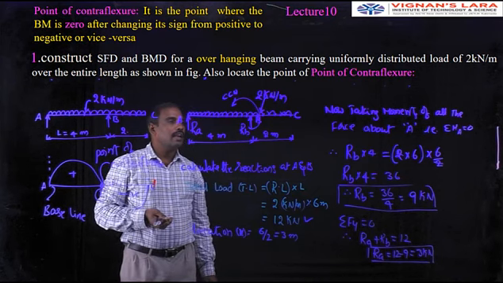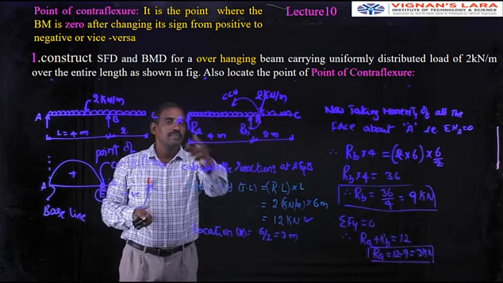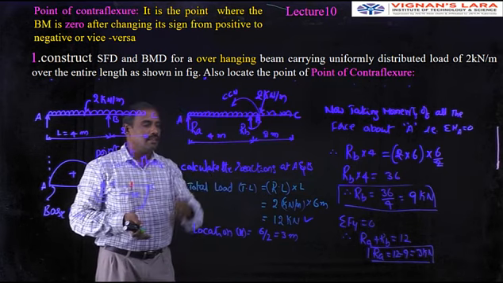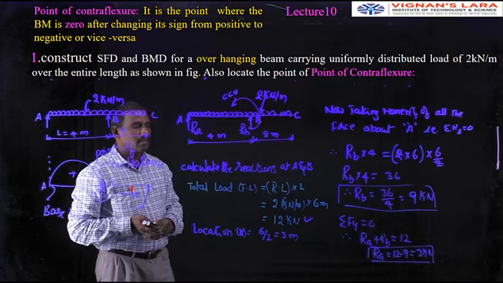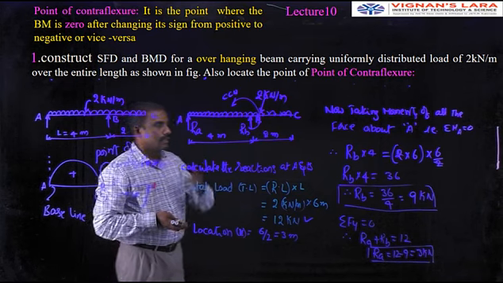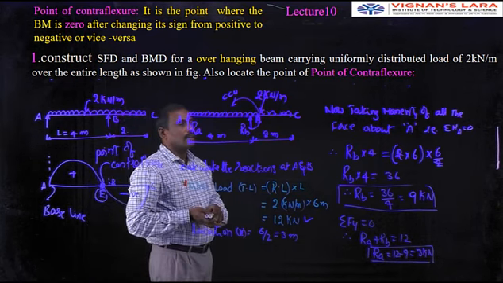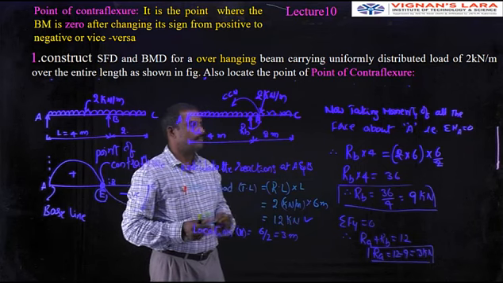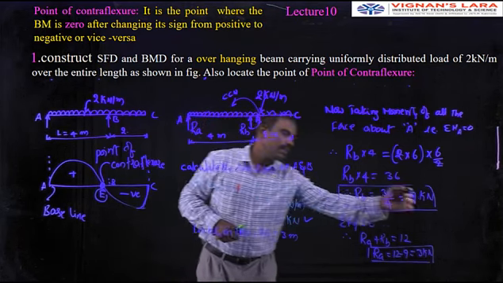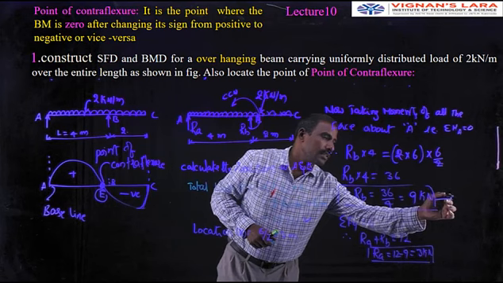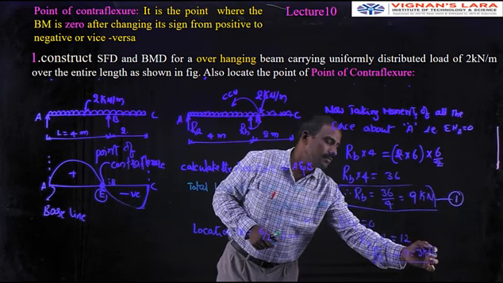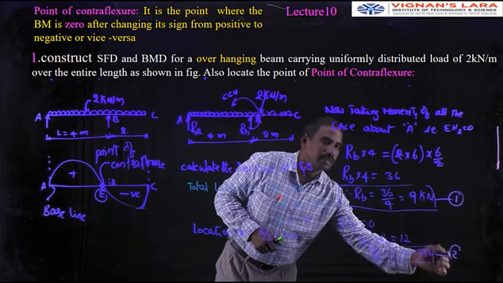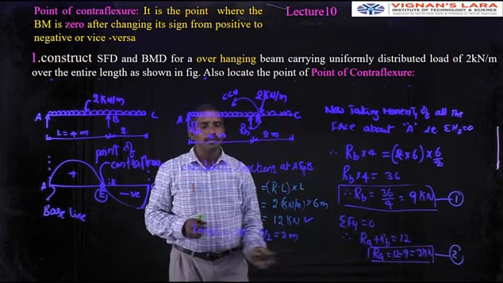Initially, we calculate the reaction forces at supports A and B. For that, we know the total load and its location. Now taking moments of all the forces about A and applying the condition of equilibrium, we get the reaction force at B represented in equation number 1 and at A in equation number 2.